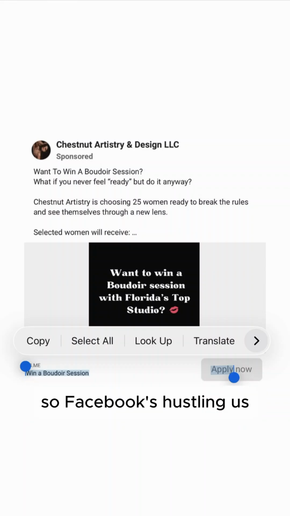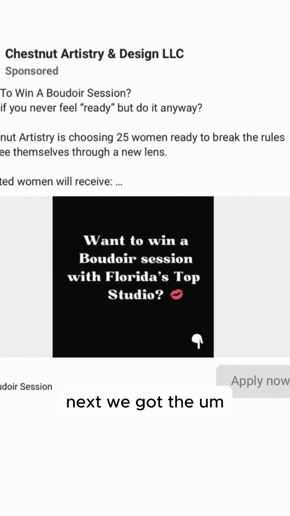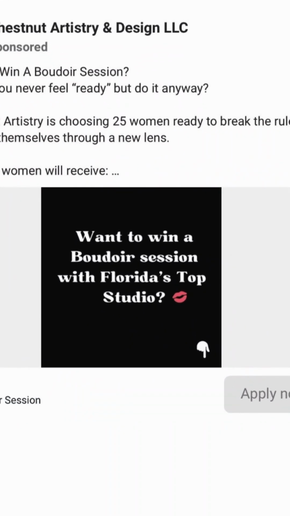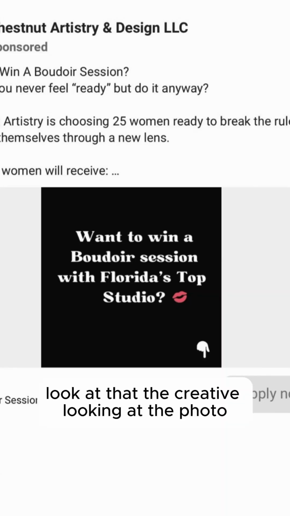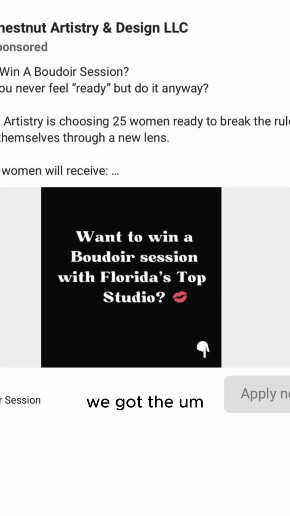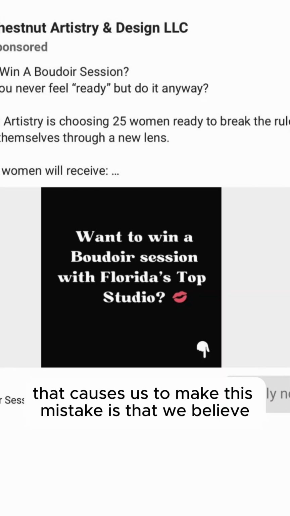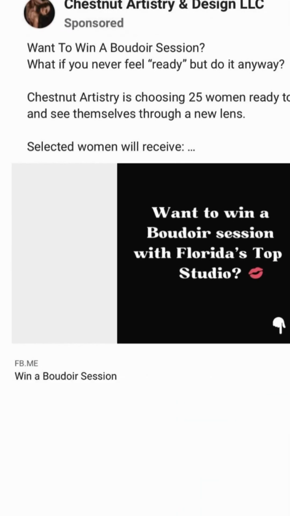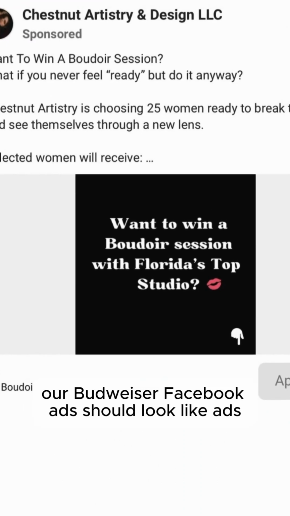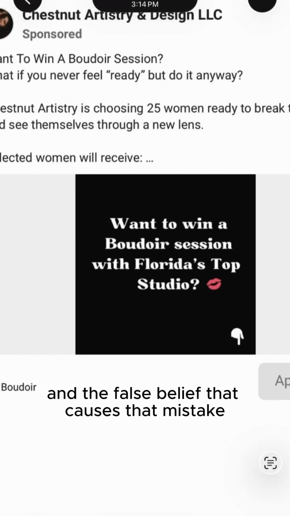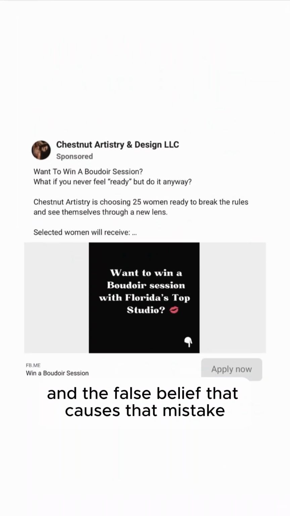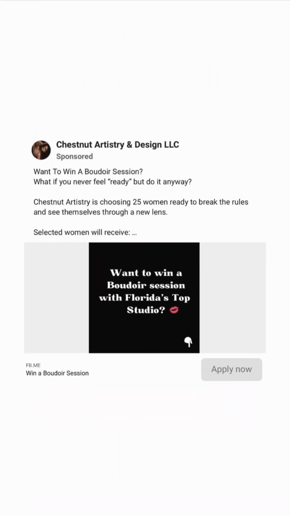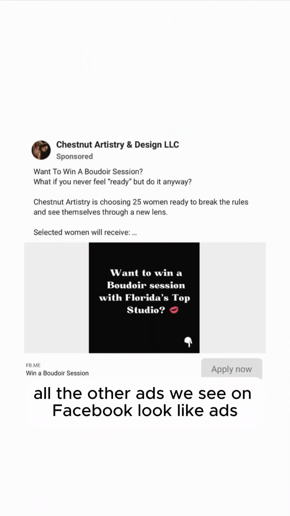So Facebook's hustling us. Next, we look at the creative, looking at the photo. We've got the looks-like-an-ad mistake. The false belief that causes us to make this mistake is that we believe our Boudoir Facebook ads should look like ads, because basically all the other ads we see on Facebook look like ads.